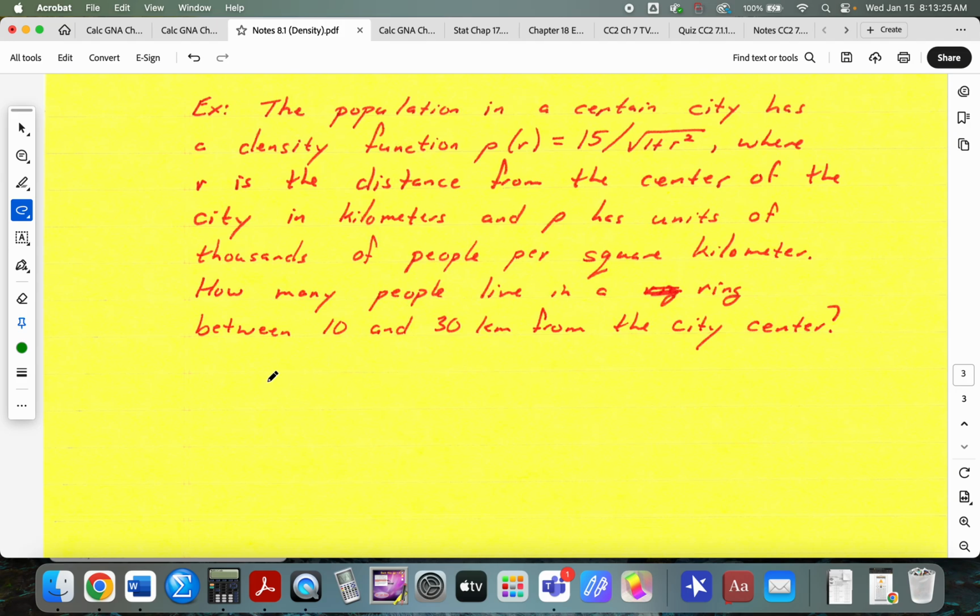So if I have the whole city, I'm going to draw this outside border. This is where we're 30 kilometers, and this is where we're 10 kilometers. So there's nothing in here in the middle. We've got this donut. The math word for that is a torus.